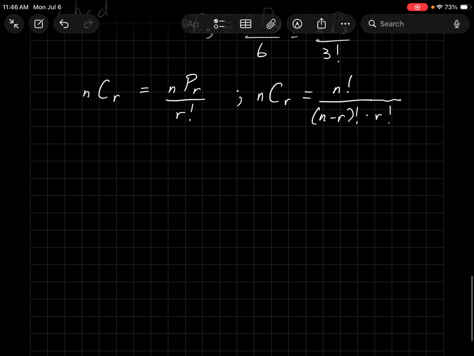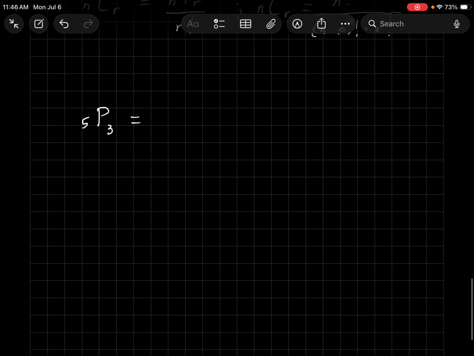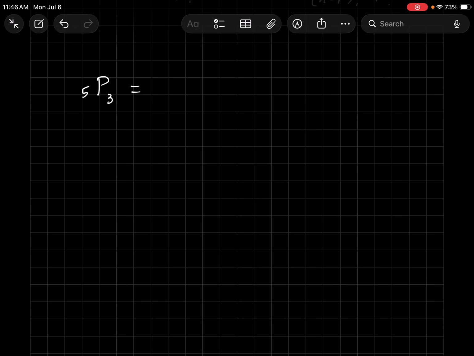So let's just do a couple simple examples. Let's do 5 permutation 3. So if you have a calculator with a program, feel free to just plug it in and get your answer, but I will do this one by hand.